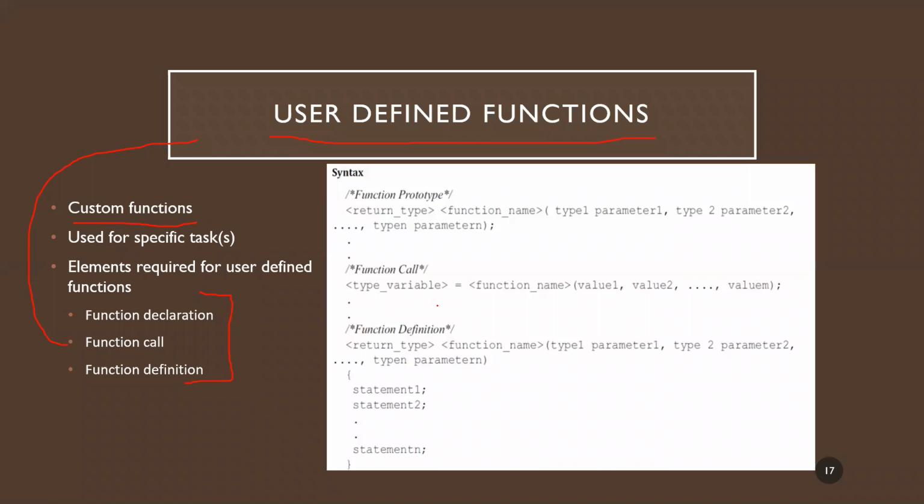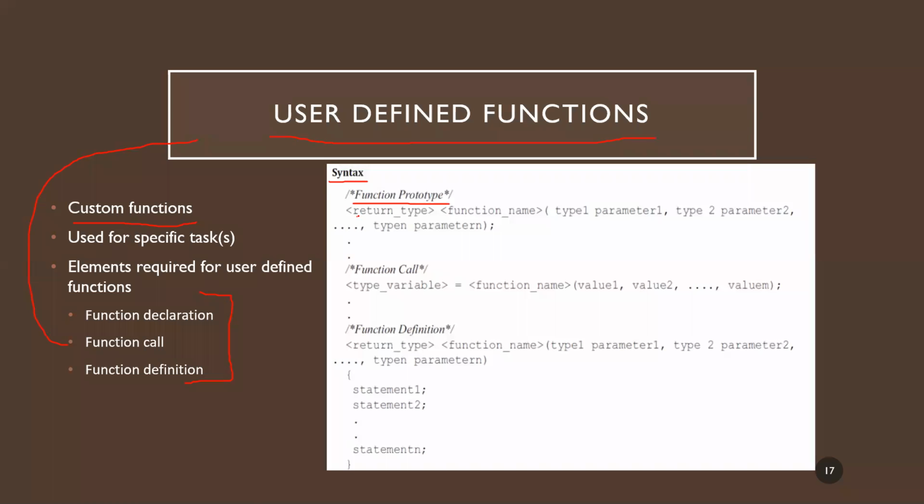So what is the syntax for each of these? The first is the function prototype, wherein you are just declaring the function. You give the information as to what the function returns and what parameters it will accept, and apart from that, the name of the function.